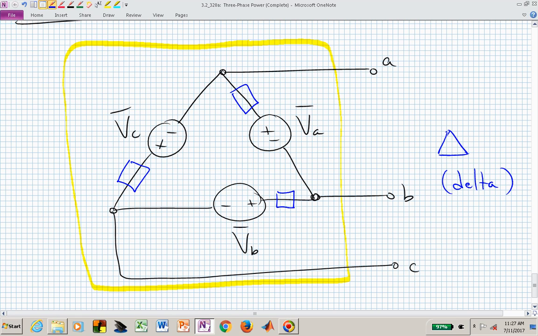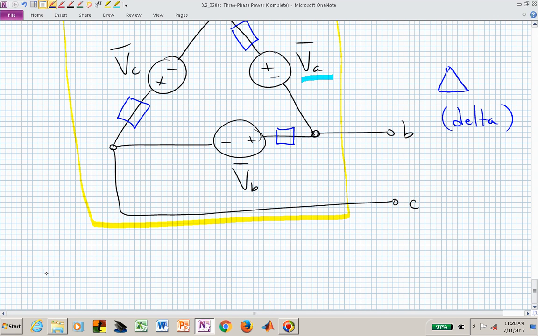And you can now see how these are connected. It's minus, plus, minus, plus, minus, plus all the way around that delta, with the plus terminal corresponding to the particular phase source of that particular terminal. Meaning here is our A phase, and here's the positive terminal of that, and so that's now our A phase terminal coming out of our yellow box.